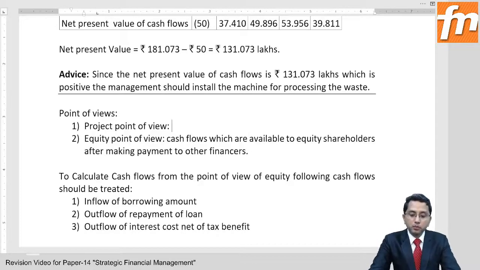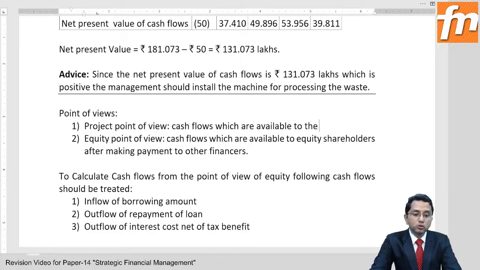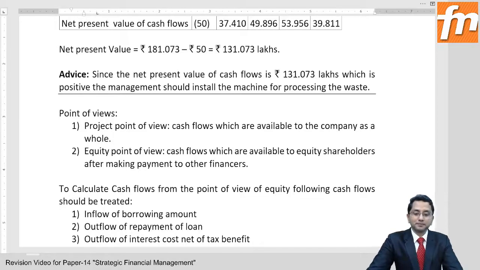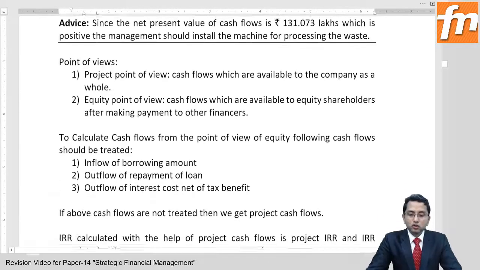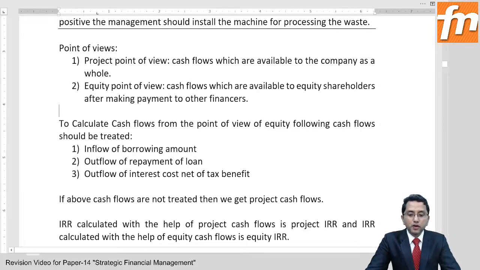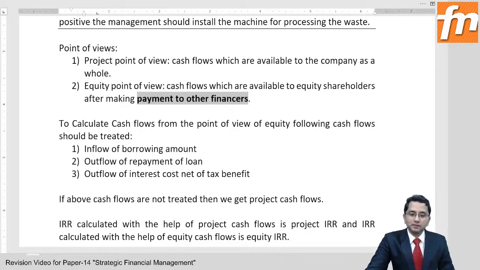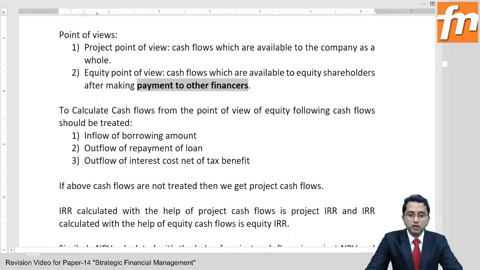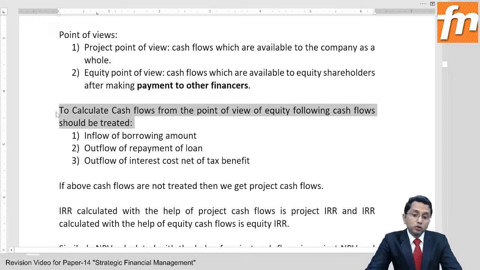And project point of view means cash flows which are available to the company as a whole. So ultimately you need to focus on payment to other financiers. See, equity shareholders are also kind of financiers now. But other than equity shareholders, you need to consider payment to other financiers like loan providers, debenture holders, etc. What are the cash flows to other financiers?